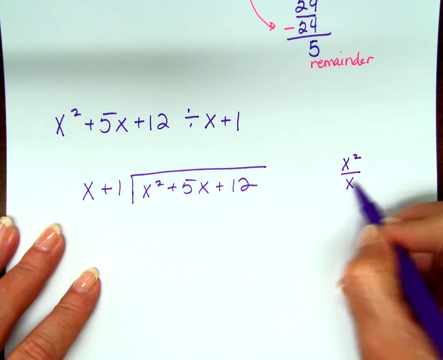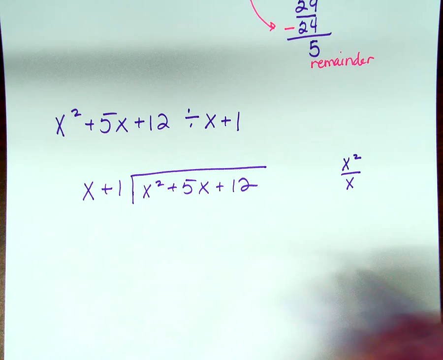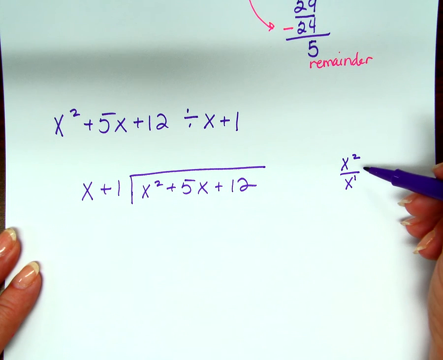divided by x? So you remember yesterday, or the day before, whenever it was, we said when we multiply like bases, what do we do with the exponents? Add, right? When we're dividing like bases, what do we do with the exponents? Subtract. So remember that there's a 1 here. So what is 2 minus 1?